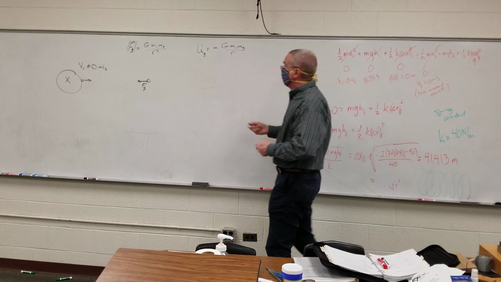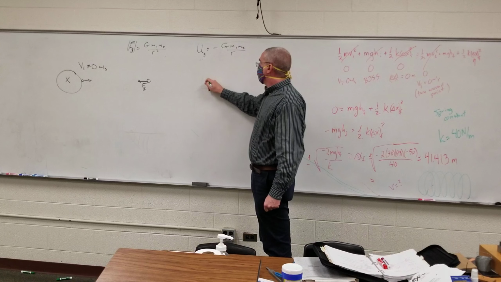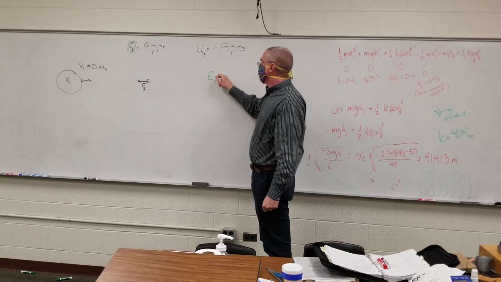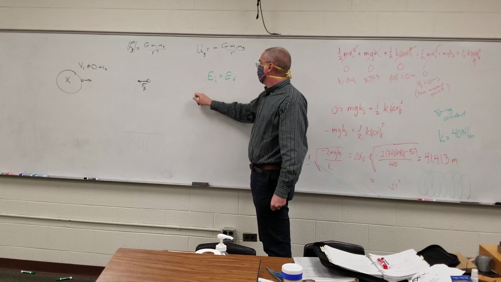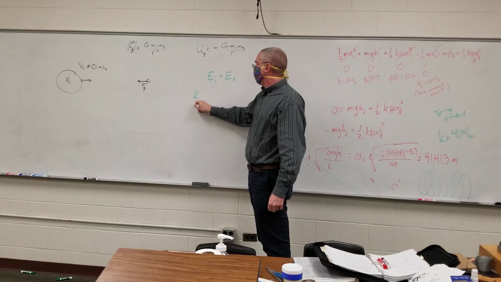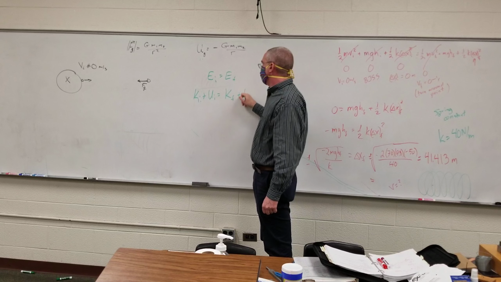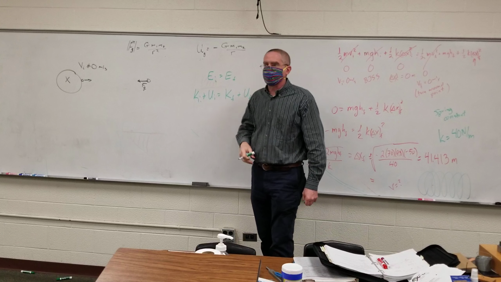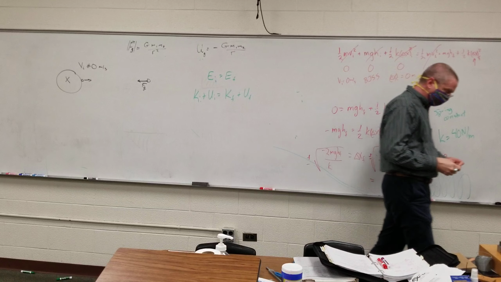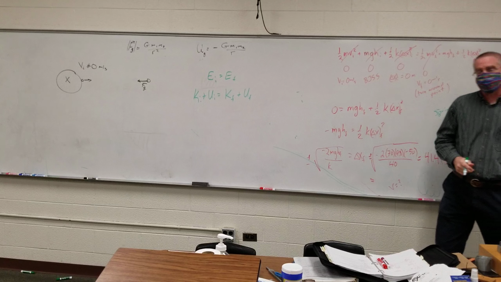Energy is conserved. So my initial energy is equal to my final energy. So K initial plus U initial equals K final plus U final. That should look very familiar. Or if it doesn't, take your notes.